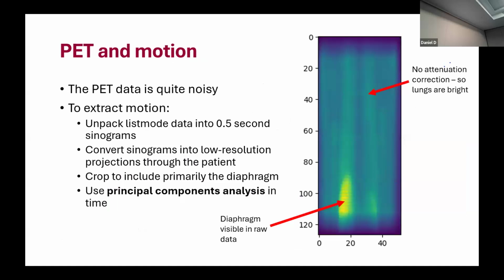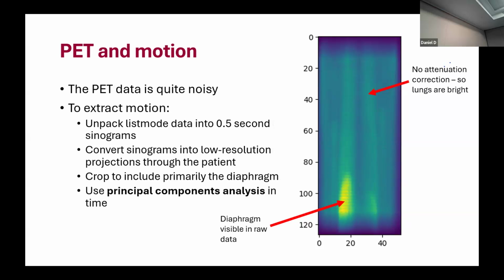I'm going to talk about the PET bit first, then the MRI, and then the consistency between the two. The way I started out trying to get a surrogate from the PET data was to take the raw data and just take a projection straight through, front to back, of the patient. If you project through the patient, you can see the diaphragm is quite bright, and you can see the lungs up here.